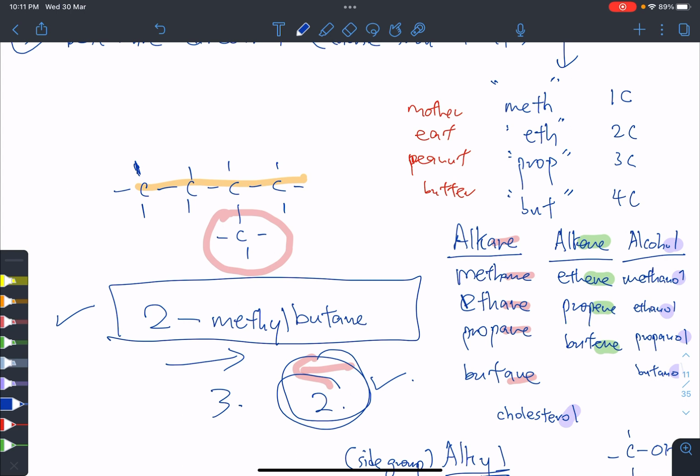Not like the drug meth, but meth. 2 carbon is called eth. 3 carbon is prop. And 4 carbon is but. Huh? What? Don't panic. Let's take a look then, say for this particular alkane group here.